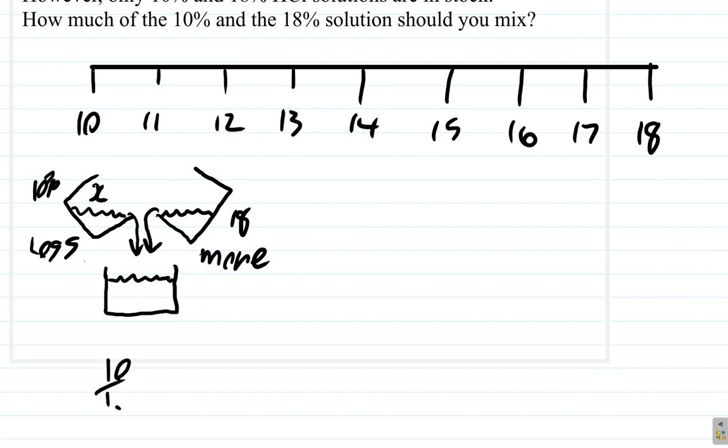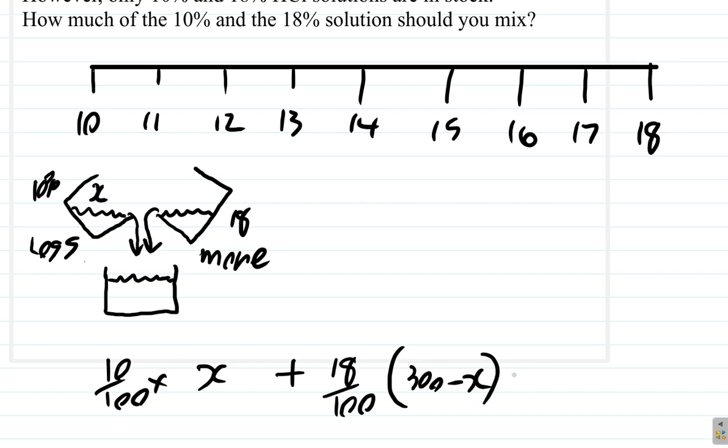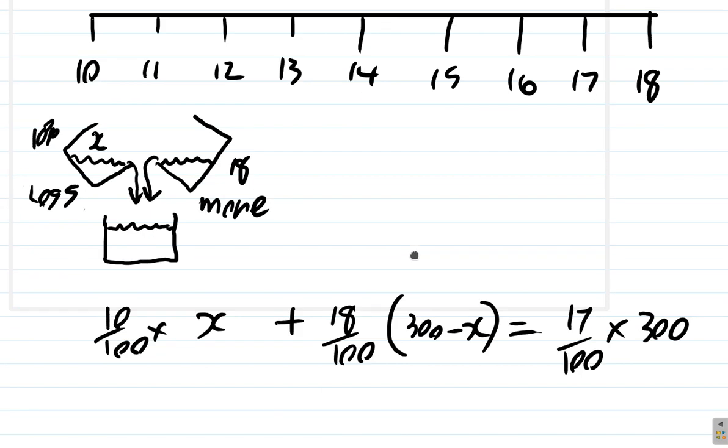We need 10% of x fluid ounces of the 10% solution plus, when it comes to the 18% solution, we need 300 minus x, whatever that is. And that will give us the 17% solution. How much? It is going to be 300 fluid ounces of the 17% solution.